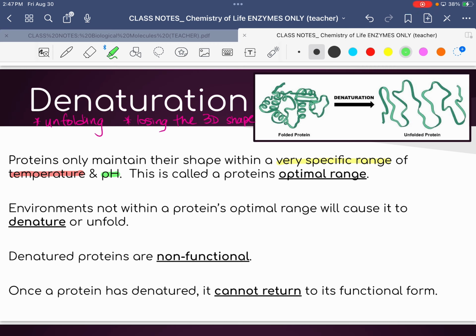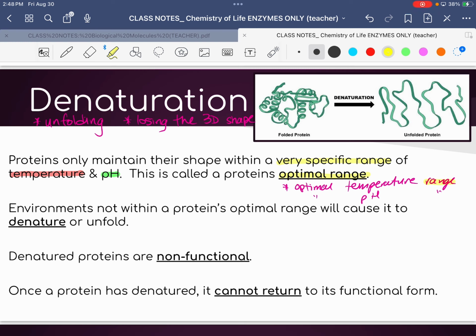These things together are called the optimal range. You could say the optimal temperature range, or the optimal pH range. And if I do this, that just means it's the same as whatever's above. So this just means optimal pH range. And notice that it's a range of temperatures, and it's a range of pHs.